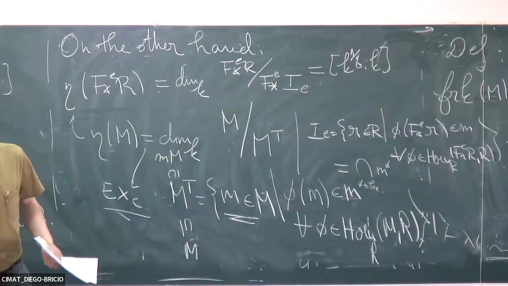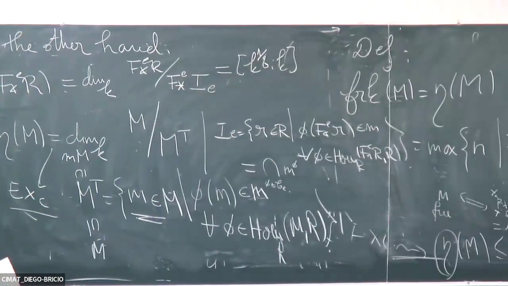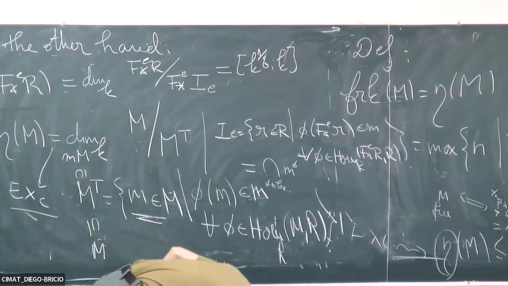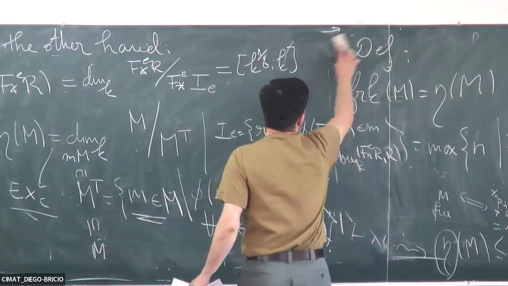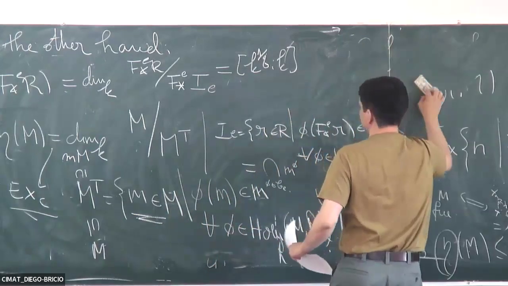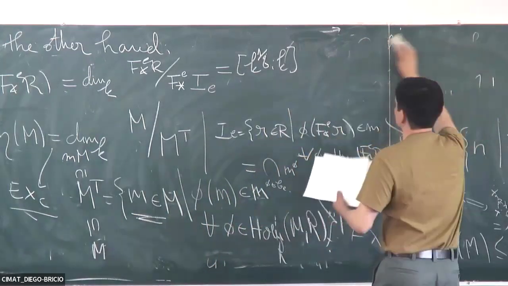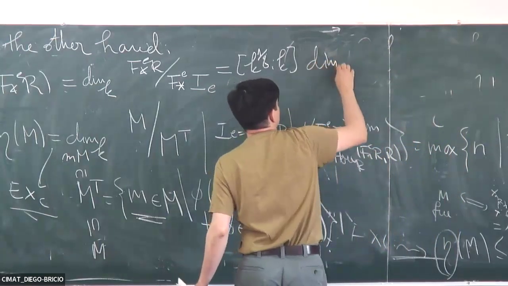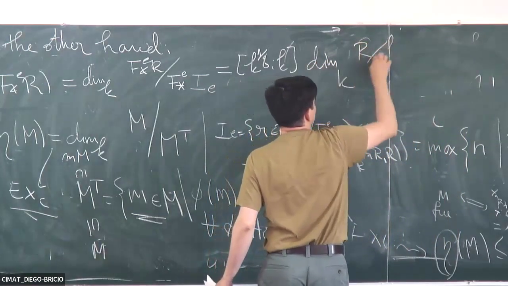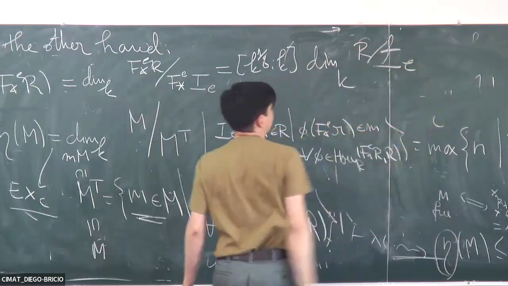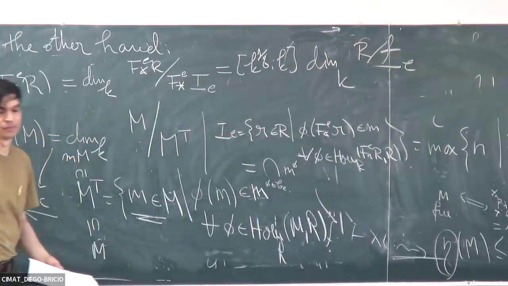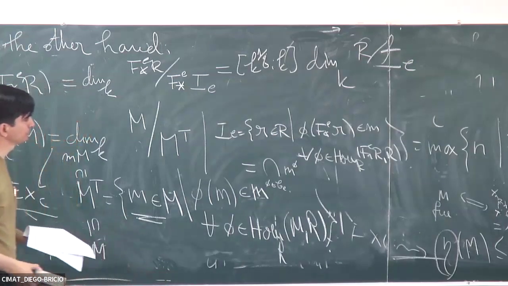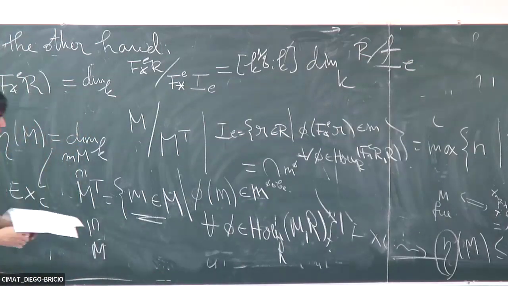Then here I can take this eraser. And so here I'm going to be able to take the dimension of the quotient of R by these I_e's. So, yeah. And so what is the punchline?